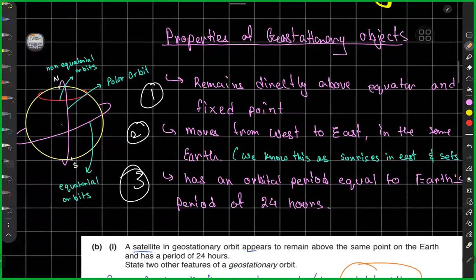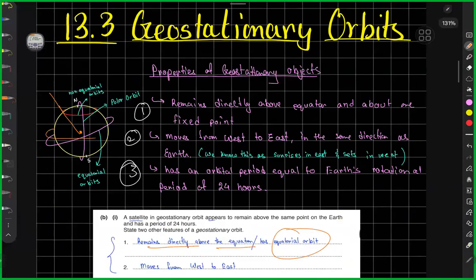If the orbit is not equatorial, or is somewhere over here, notice the red hemisphere. I draw field lines. Where does the field line go? Inside Earth. And if I have an equatorial orbit over here, where does the field line go? Right along the equator. And notice this.